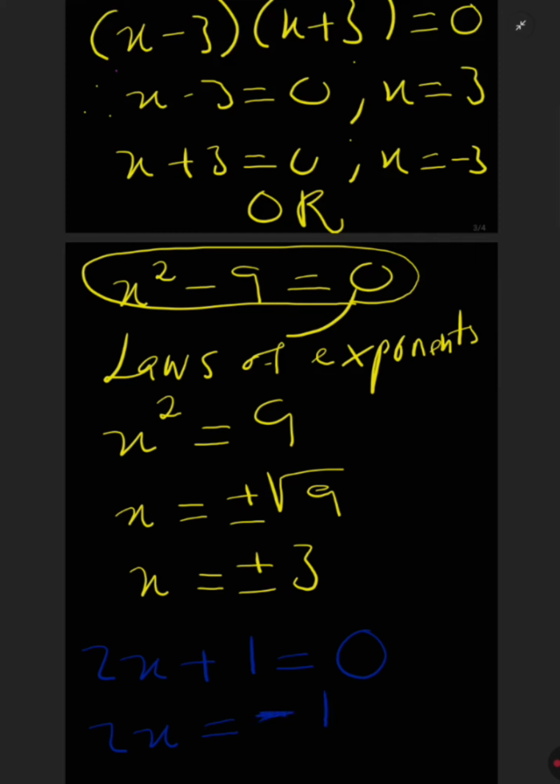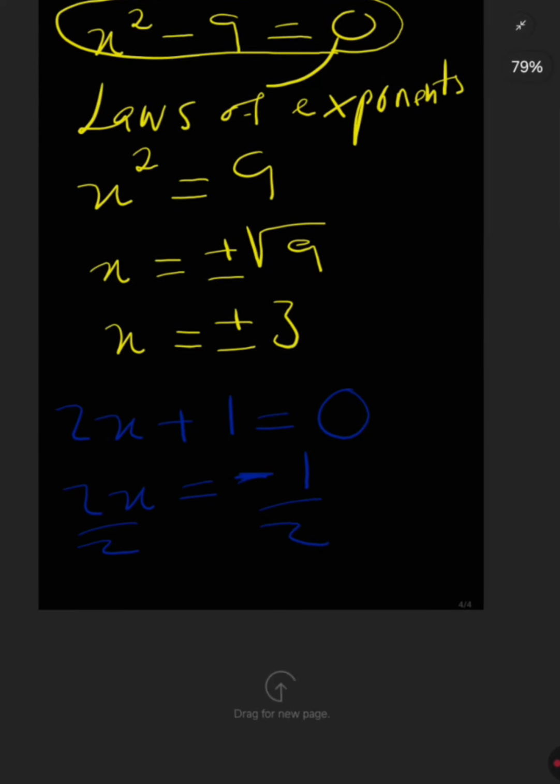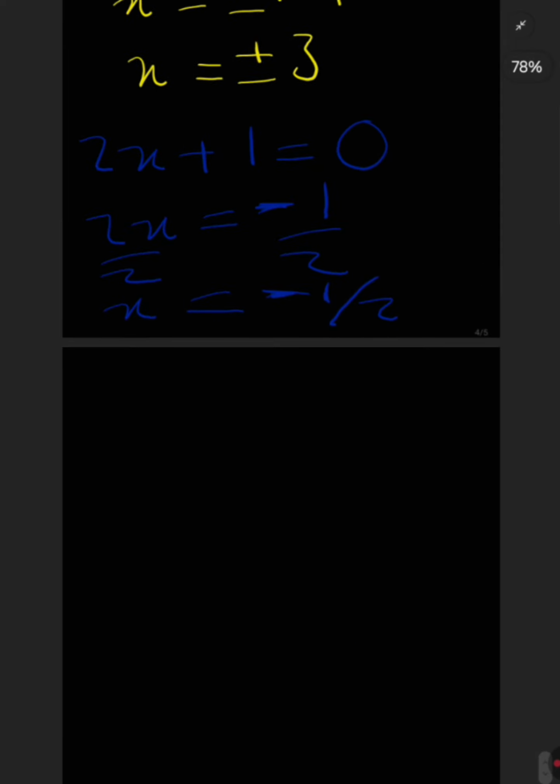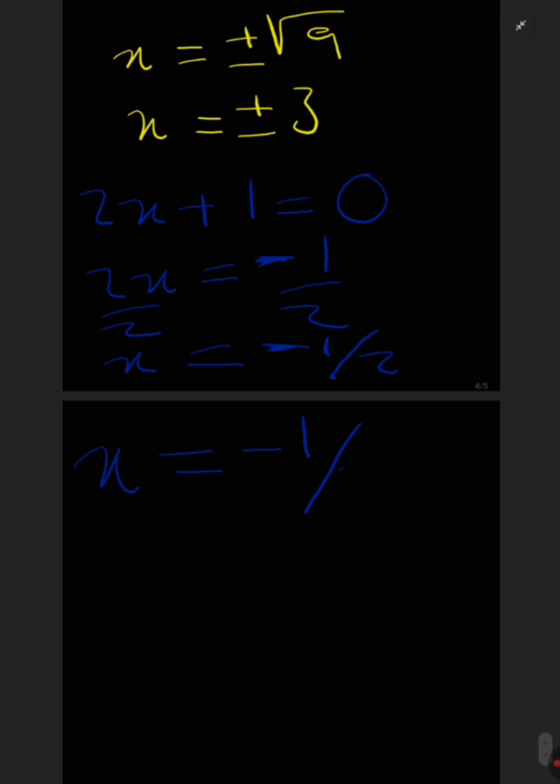Okay? And you divide both sides by 2 to make x subject of the formula, of course. So in the end, you're going to have x equals minus 1 over 2. More like this. Minus 1 over 2.